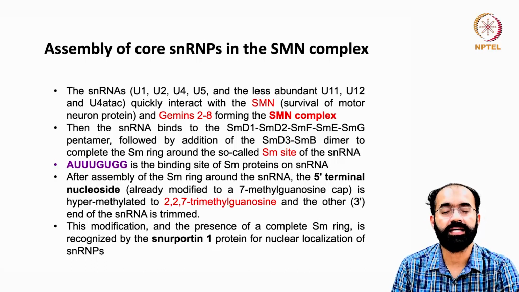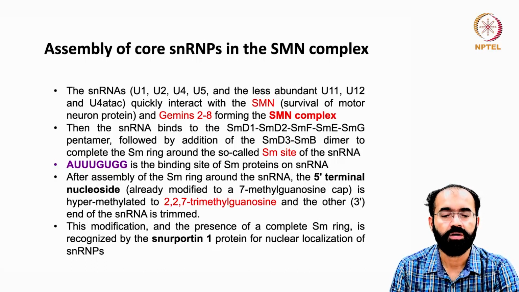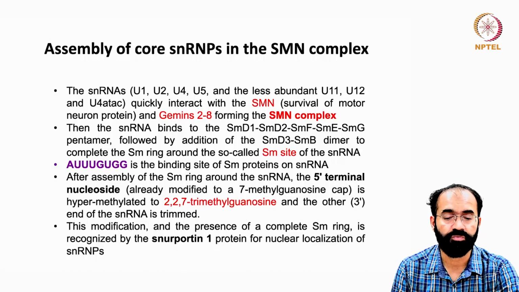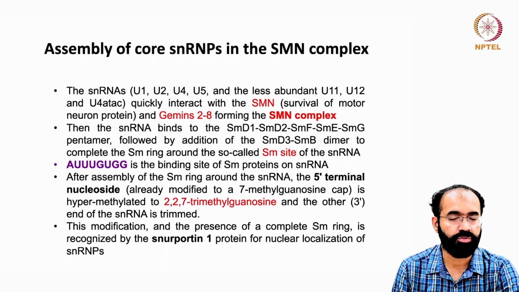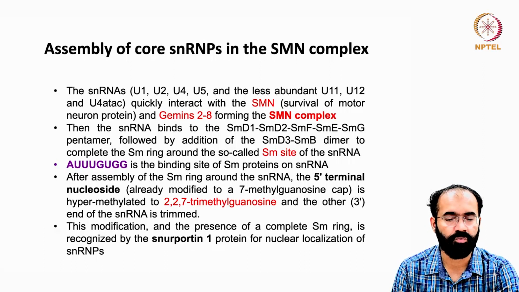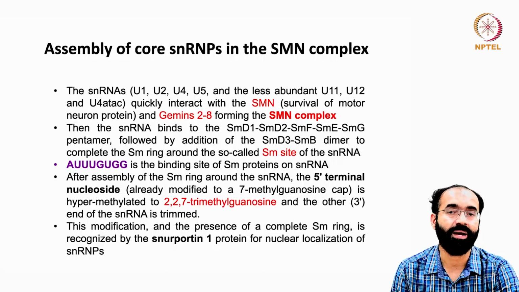So if you look further into the assembly of core snRNPs and also the formation of the SMN complex, the involvement of the SMN complex, let us see how it is important. So the snRNAs we know clearly, U1, U2, U4, U5, and there are two more. We said the minor spliceosome, U11, U12.